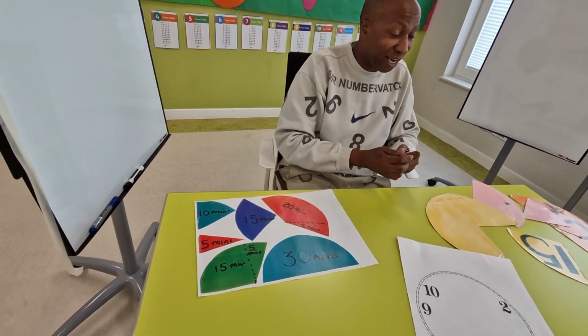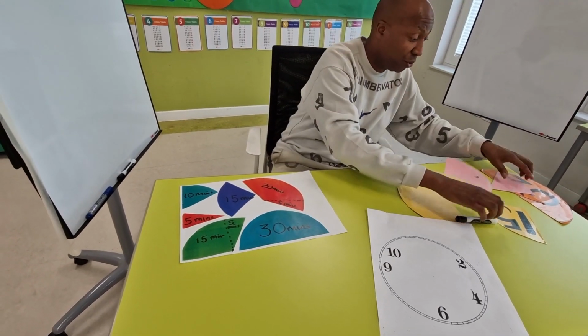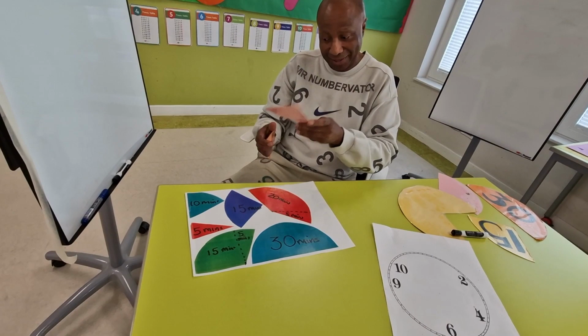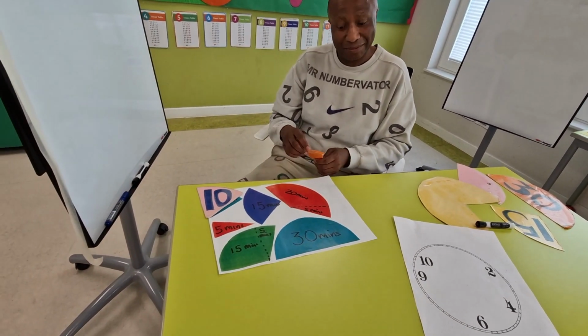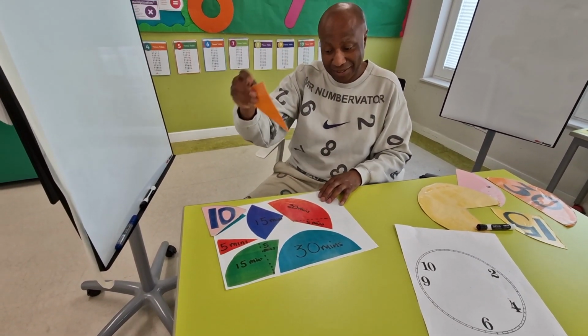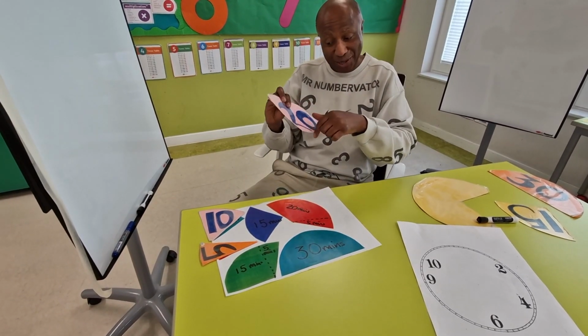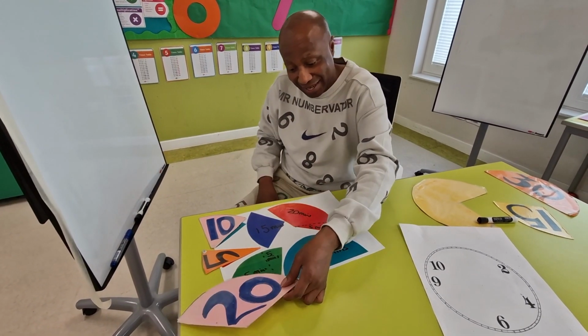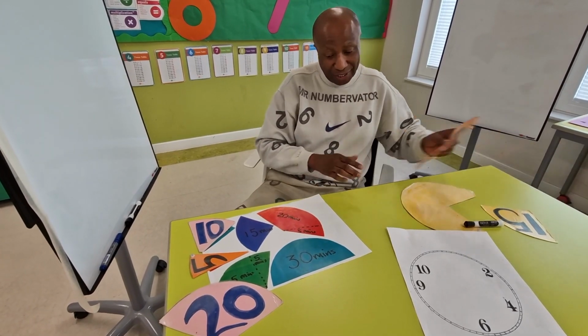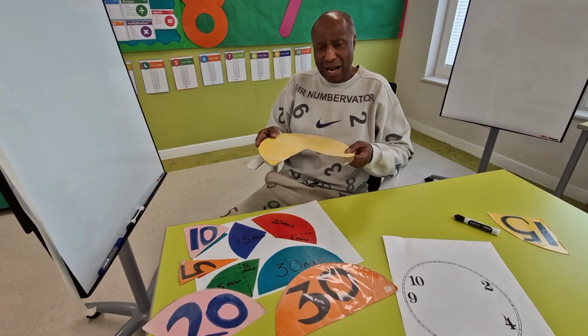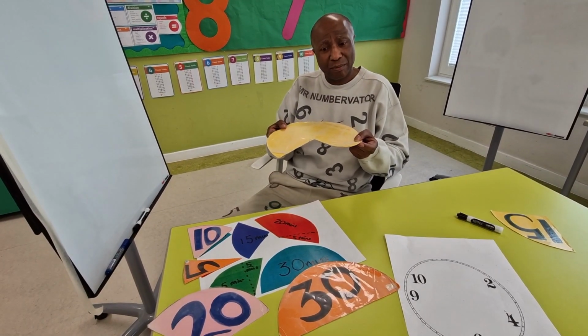Let's just check to see if you are correct. 10 minutes, 10 minutes. 5 minutes, 5 minutes. 20, look at the shape, 20 minutes, 20 minutes. 30 minutes, 30 minutes. How many minutes could this be worth?